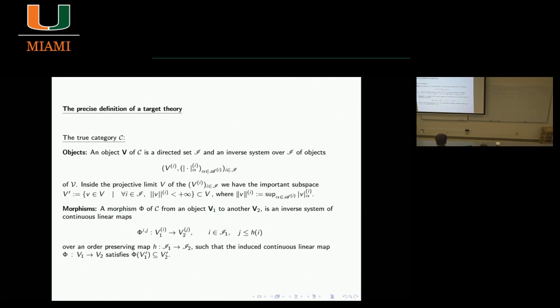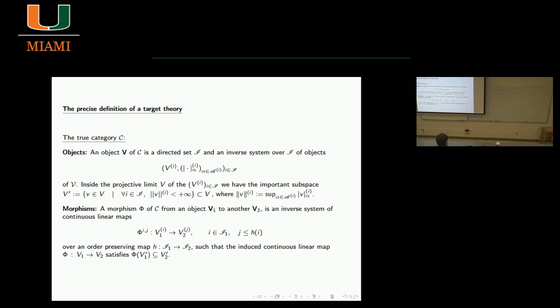Okay, so we have a directed set, and then we have complete Hausdorff locally convex vector spaces indexed by that set. They come with their sets of seminorms, which is what I've written here.